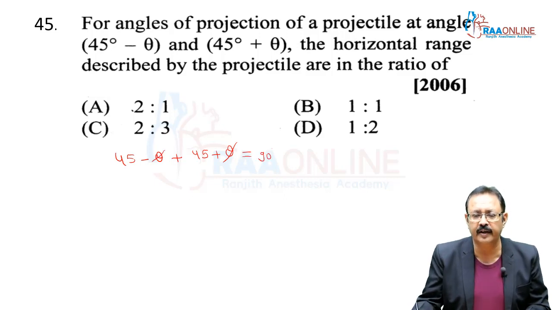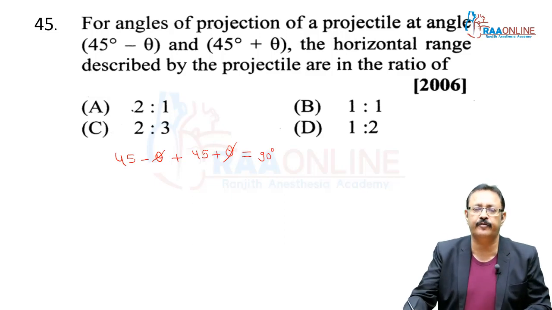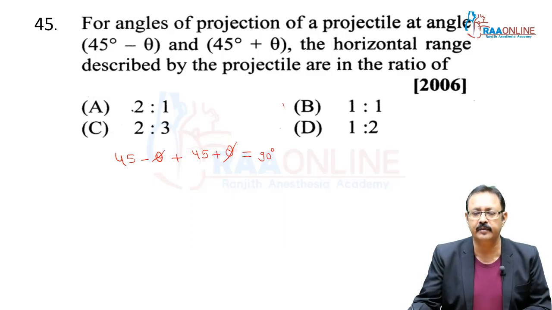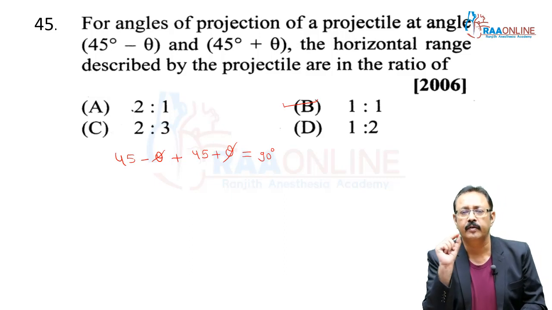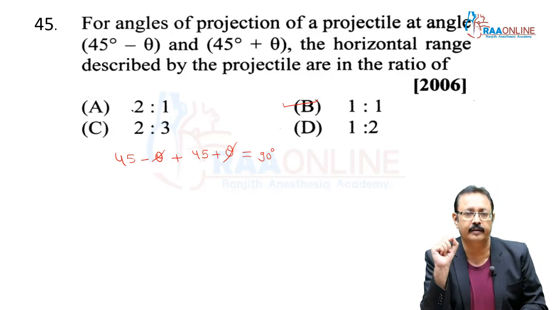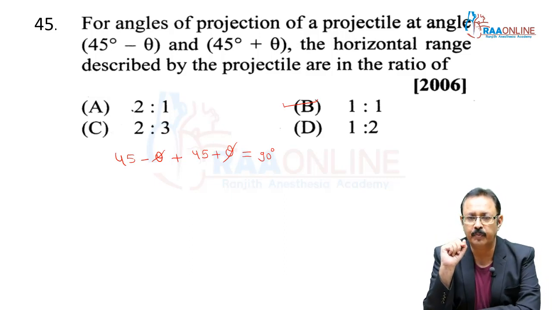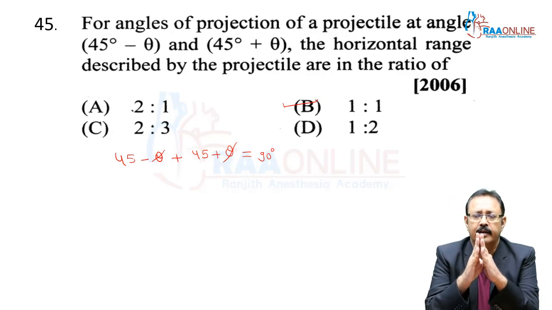So horizontal range should be same for both. It means we are going with option B, 1:1.